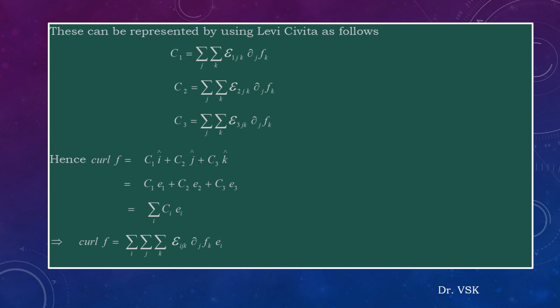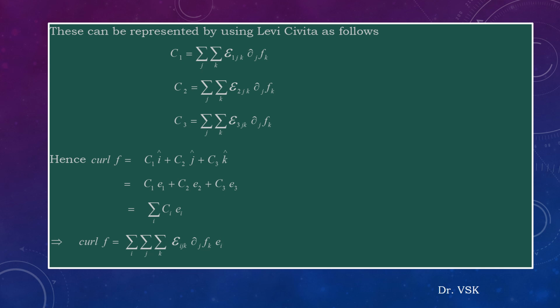So we are forced to substitute k equals 2 only. So the third term becomes epsilon sub 132 ∂3 F2. Here the indices are in the anti-clockwise rotation. So epsilon 132 equals minus 1. So the third term becomes minus ∂3 F2.